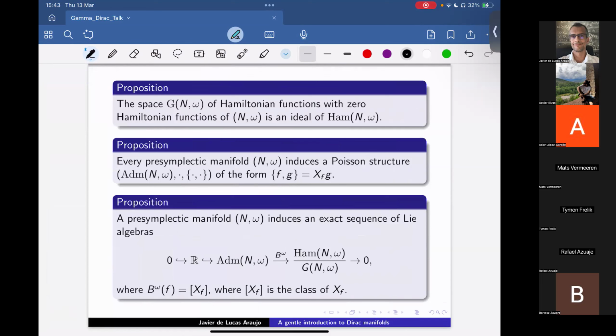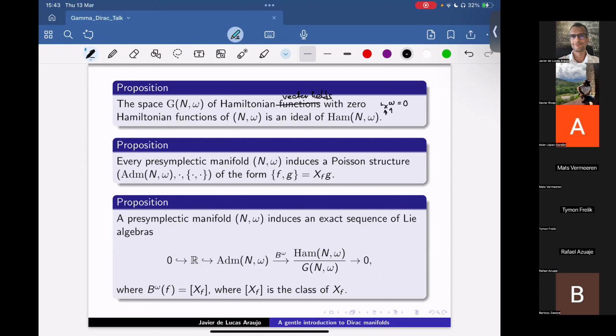So anyhow, the thing that you have to take into account in this case is that there are Hamiltonian vector fields with a zero Hamiltonian function. For example, if you have a vector field that belongs to the kernel of omega, in the presymplectic case, it may happen that this is equal to 0.